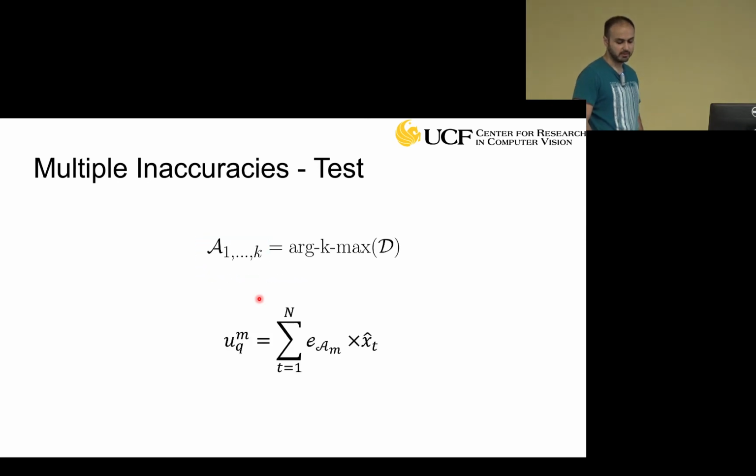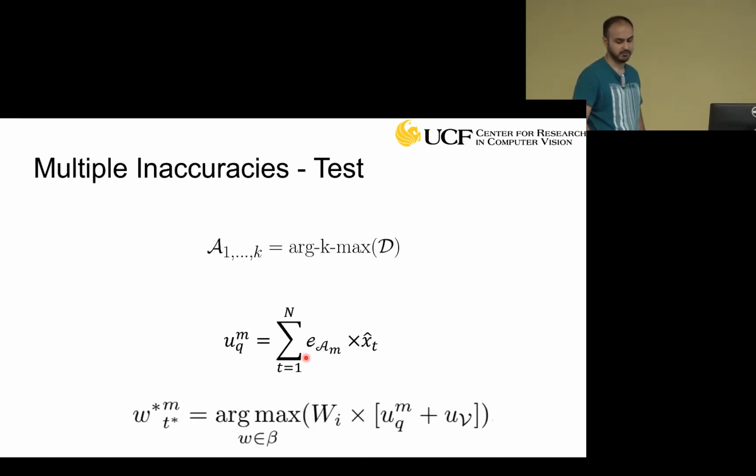Then we want to encode the sentence based on the inaccuracy number M. So basically we have the word vectors, and we build a one-hot vector instead of the probability vector, in which the index of the M inaccuracy is 1, and the rest is 0. And then again the same, we have a classifier to suggest the correct word for the M inaccuracy.